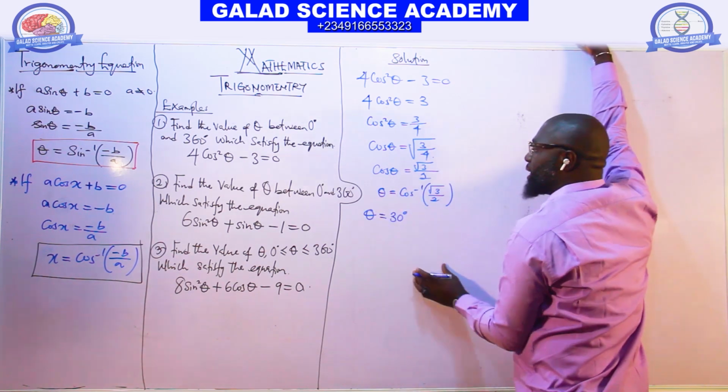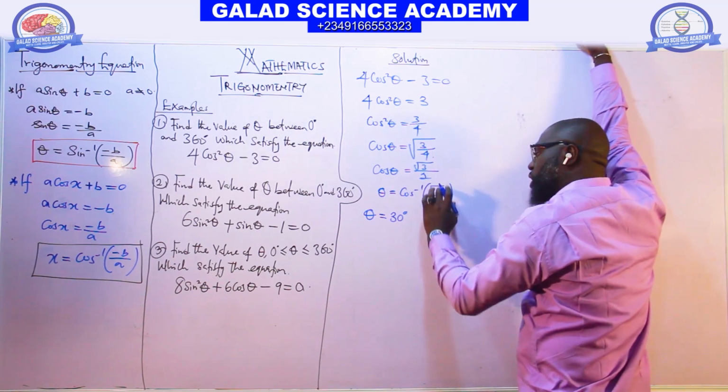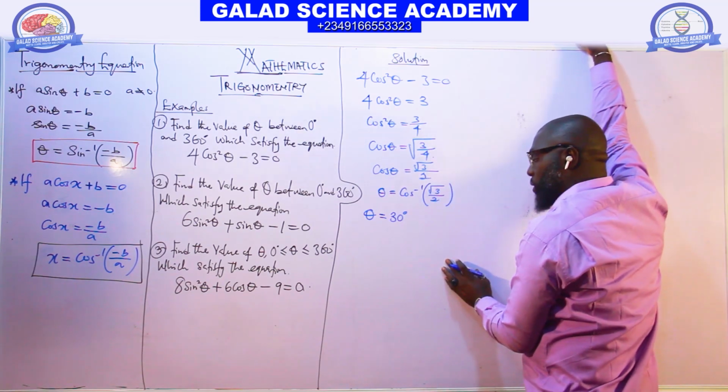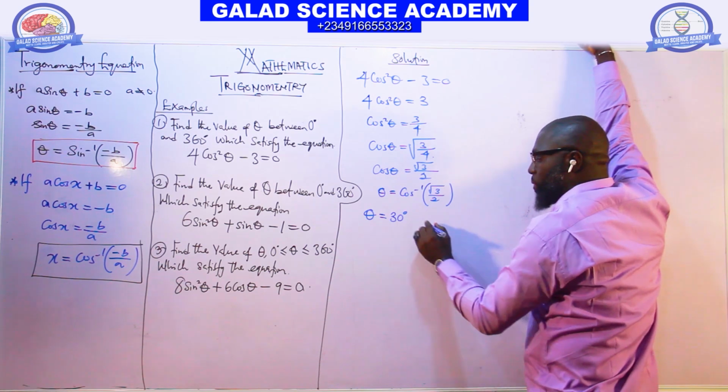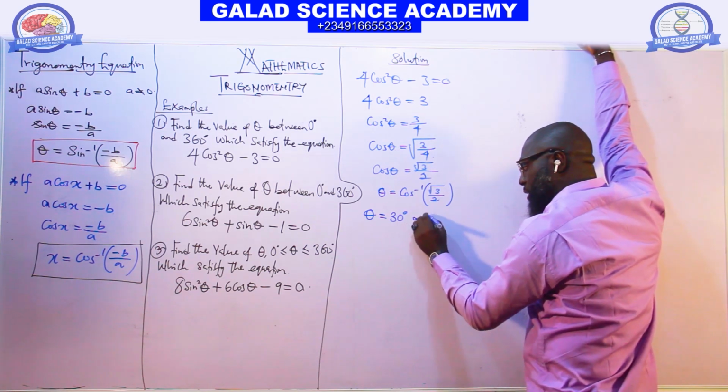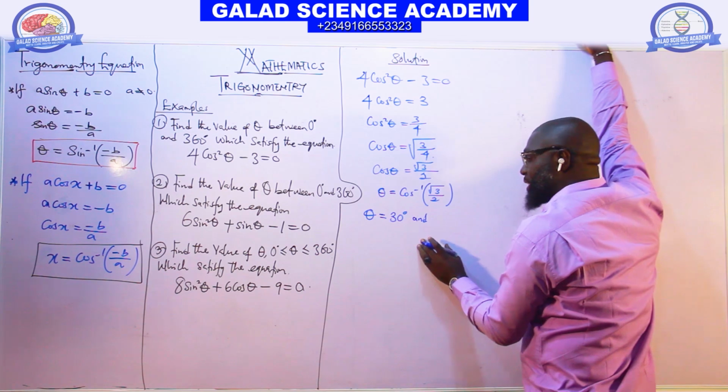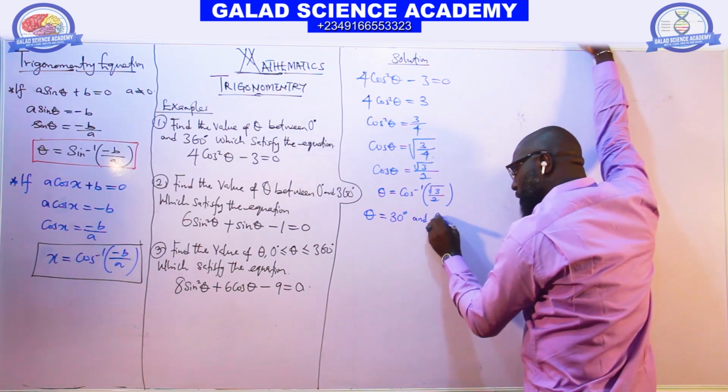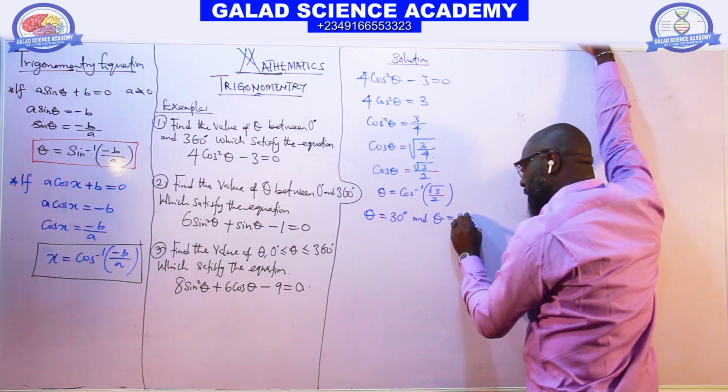Cos 30 degrees will give us root 3 over 2, which is 0.8660. And again, theta can also give us 330 degrees.